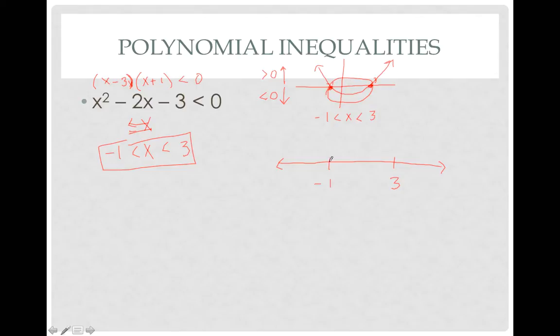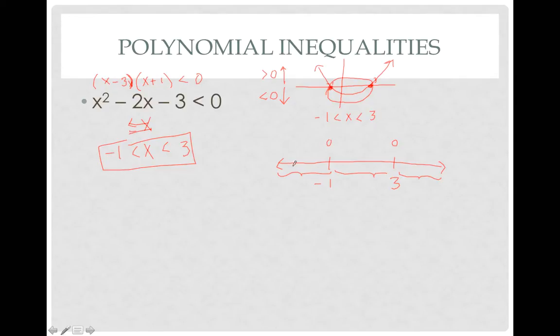So we know that at negative 1, the function is 0, and at 3, it's also 0. But then we need to know what is happening in each of these intervals. We have the interval down here, the interval in the middle, and the interval on the right. So what we get to do is test a point.